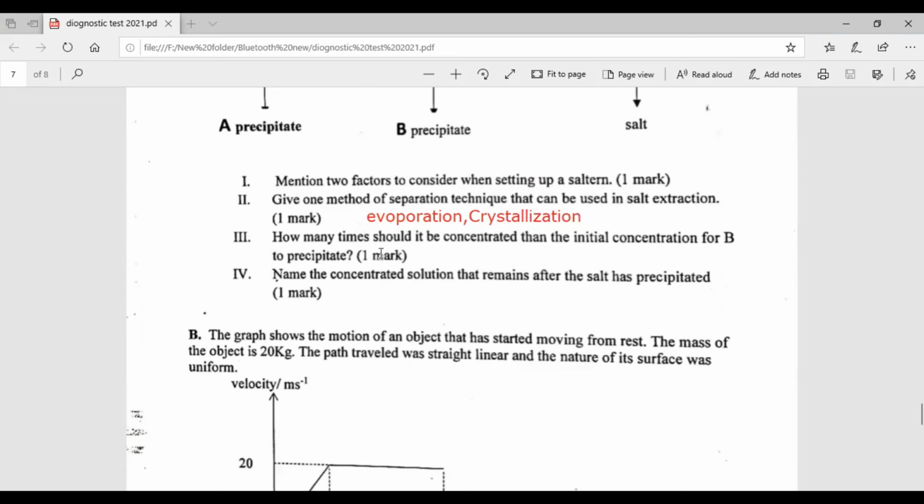How many times should it be concentrated compared to the initial concentration for B to precipitate? The answer is 4 times. To precipitate the salt, the concentration should be 10 times.